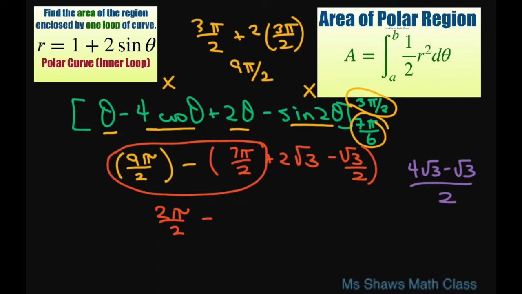That's going to give you 3 square root of 3 divided by 2. I just got the common denominator by multiplying this by 2 as well. And then this cancels out. So basically, your final area is going to be pi minus 3 square root of 3 divided by 2.